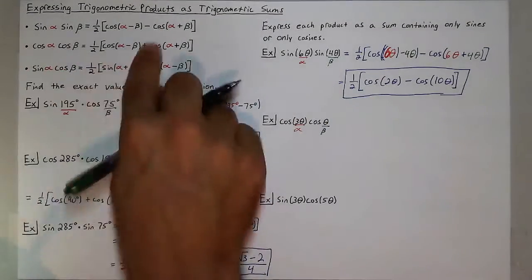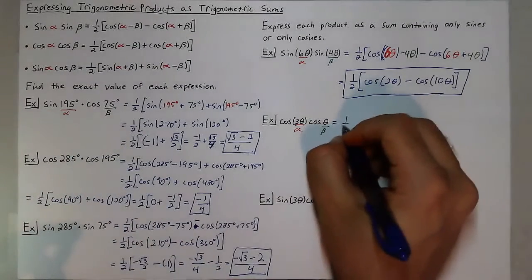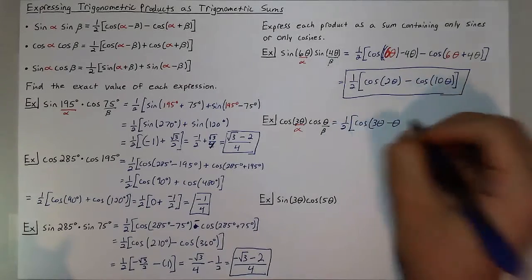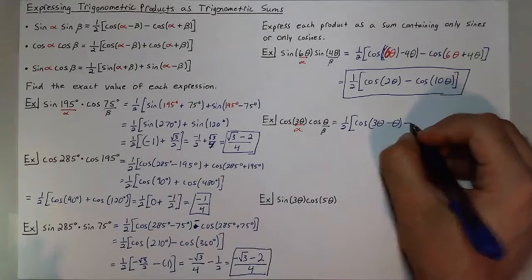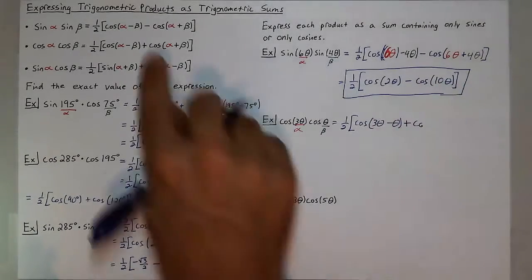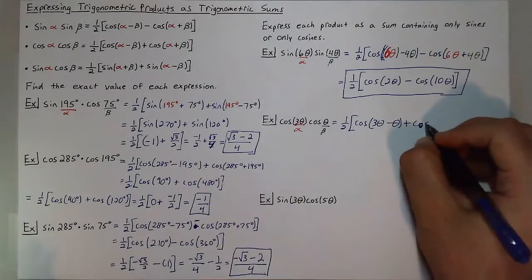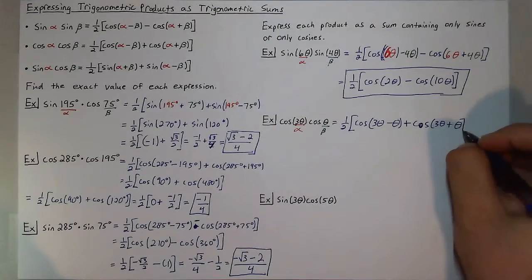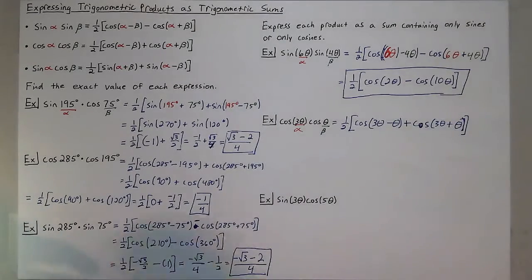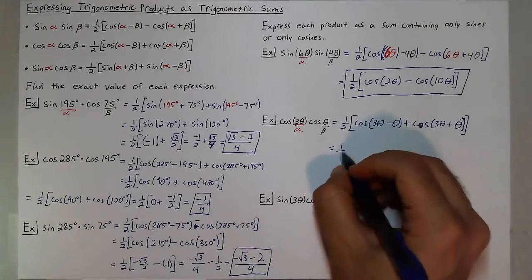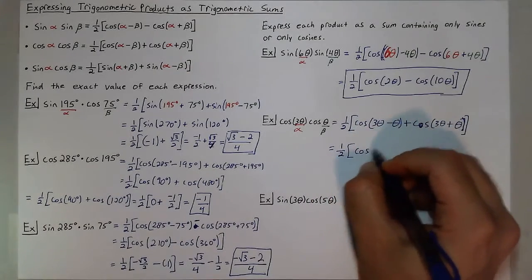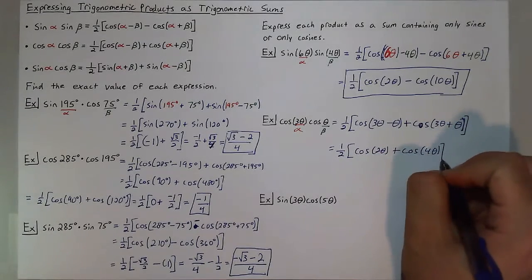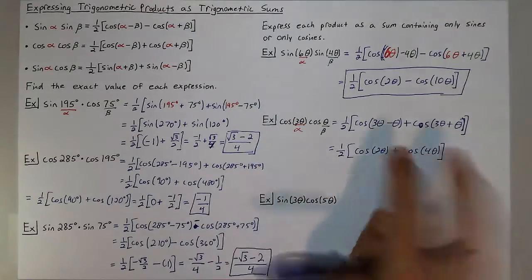And I can use that middle formula, which gives me 1/2 of cosine of 3 theta minus theta, alpha minus beta, plus, because now it's a plus in between, cosine of 3 theta plus theta, which just gives me 1/2 of cosine of 2 theta plus cosine of 4 theta. So now I went from my product to a sum.